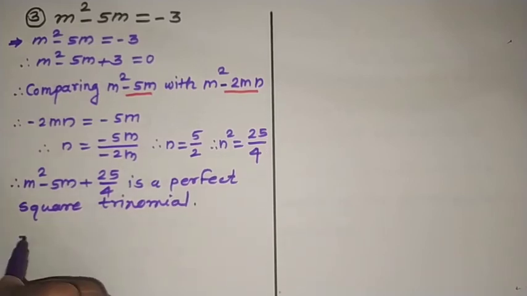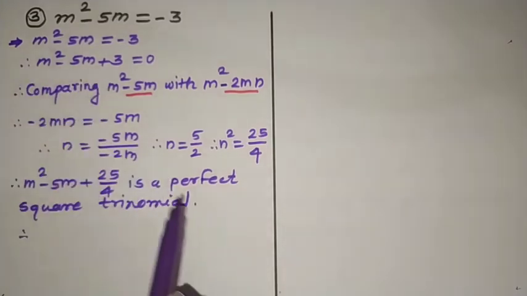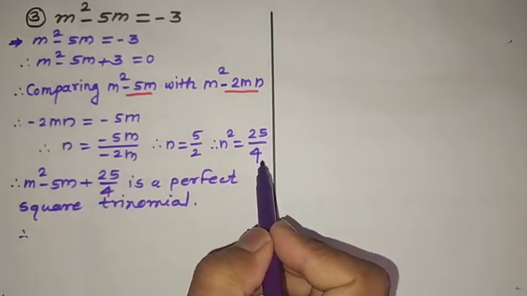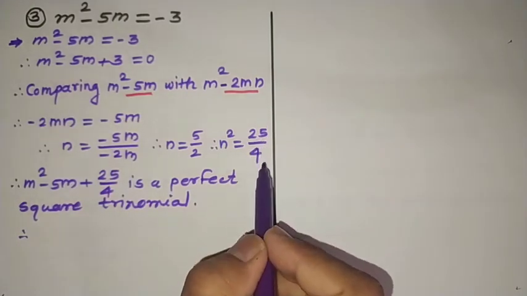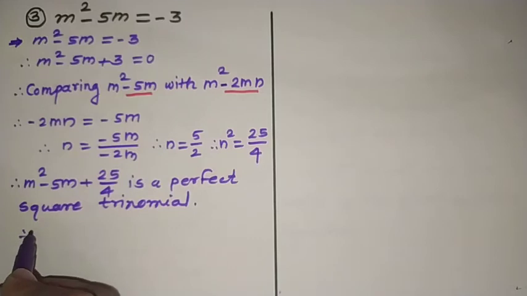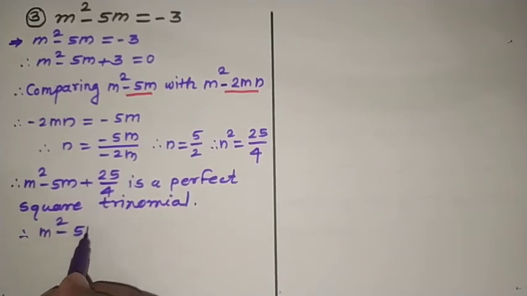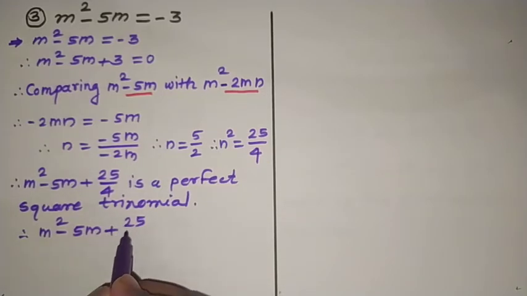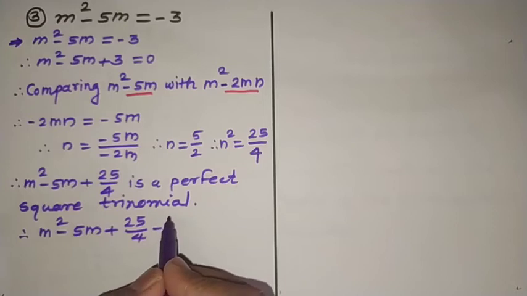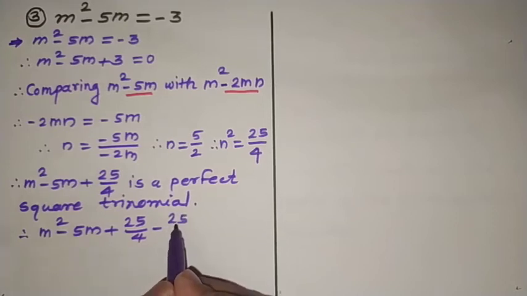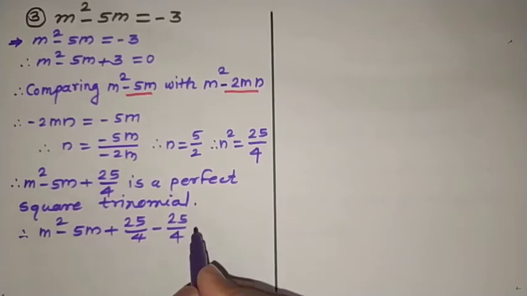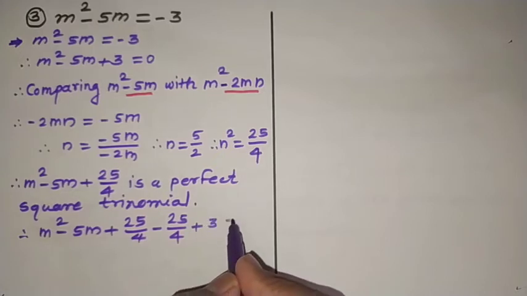Therefore in this equation, adding 25 upon 4 and subtracting 25 upon 4, we write m square minus 5m plus 25 upon 4 minus 25 upon 4 plus 3 is equal to 0.